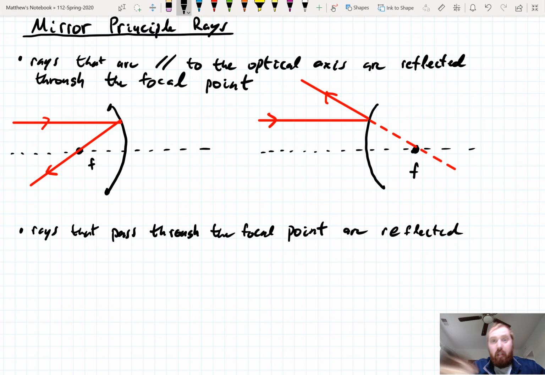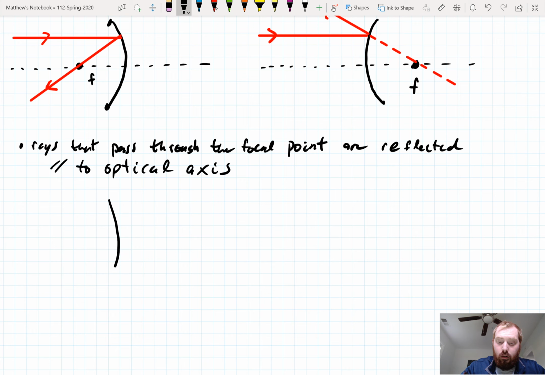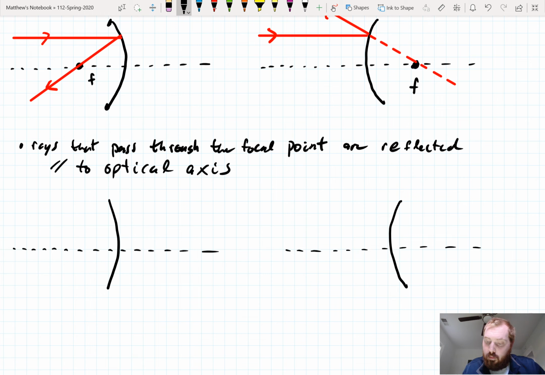It's literally the inverse. So we'll just draw these again. Here's my optical axis, and we'll do this guy at the same time. There's my focal point.